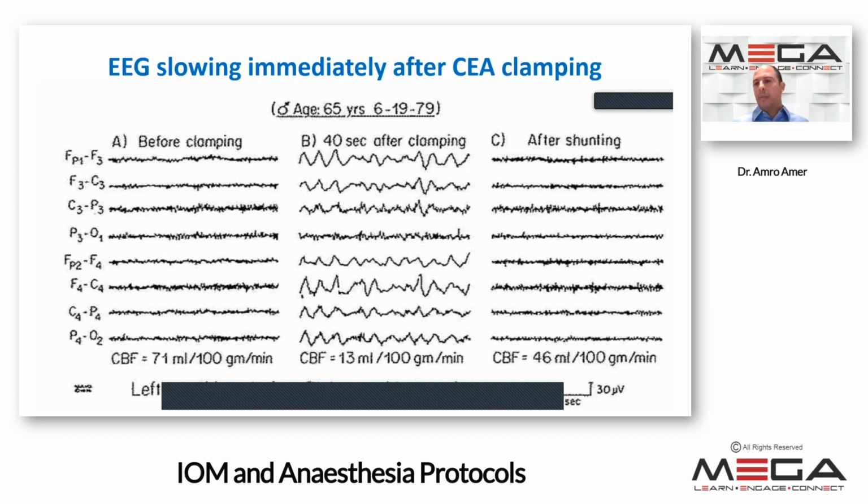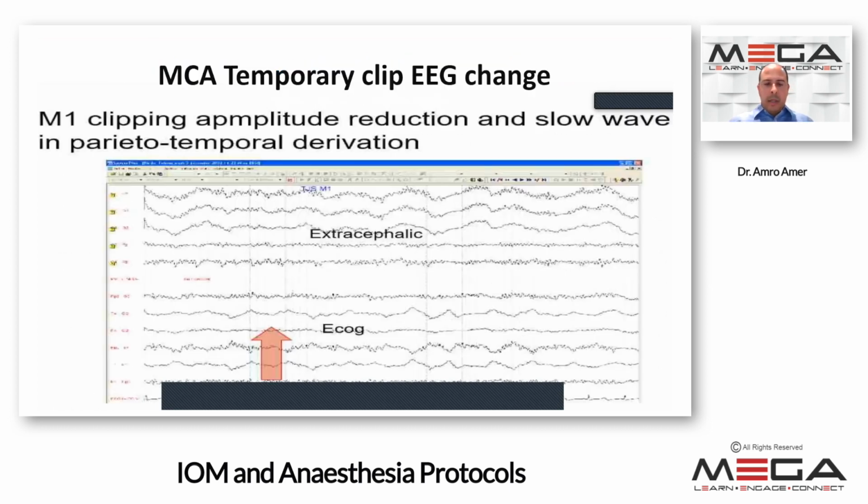EEG. So we have this case recorded in our lab. We have a change, as you can see, there's a slowing. So if there is a slowing in the EEG, we tell the surgeon, and usually he shunts after. Here we have a slowing, but we're not using EEG like we normally do.